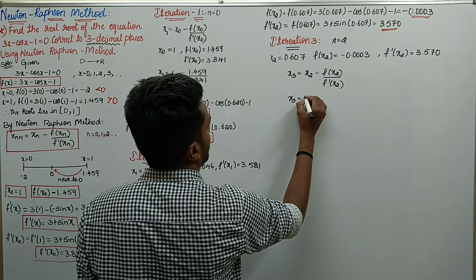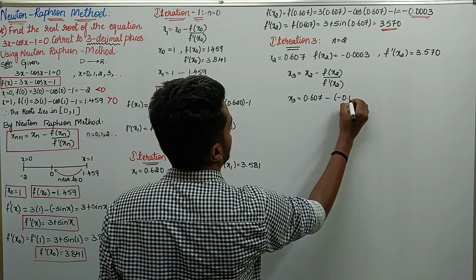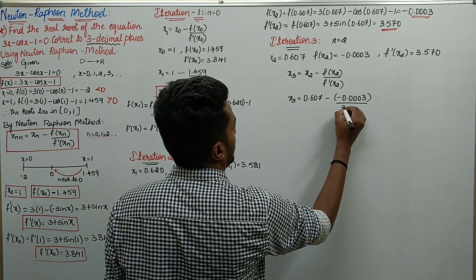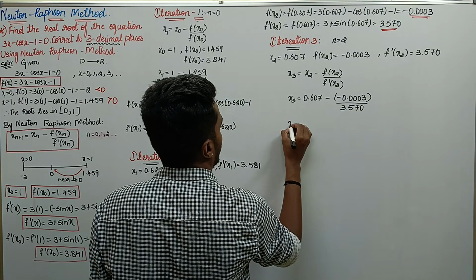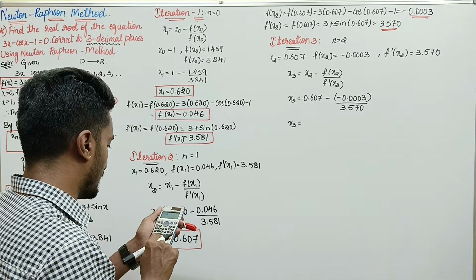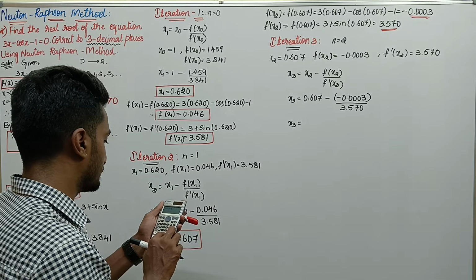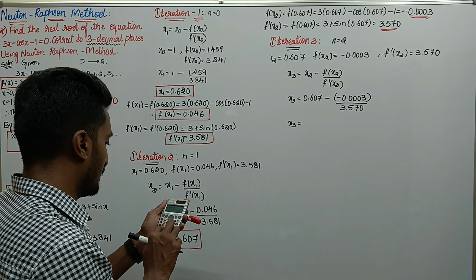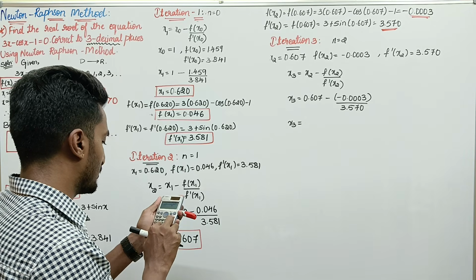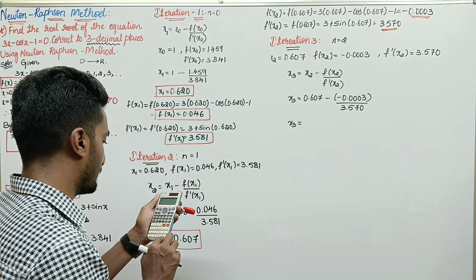x3 is equal to x2, 0.607 minus of minus 0.0003 divided by 3.570. Just simplify: 0.607 minus, close the bracket, divided by 3.570.